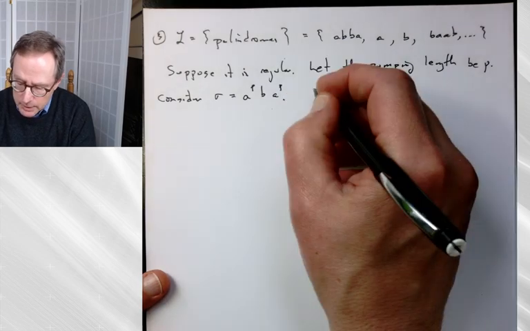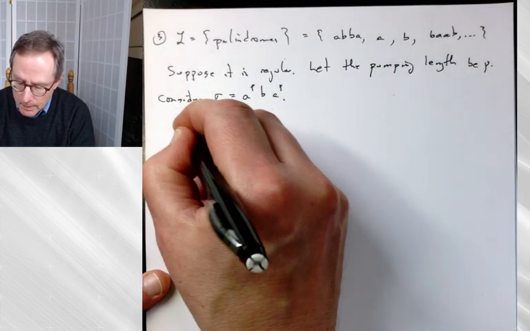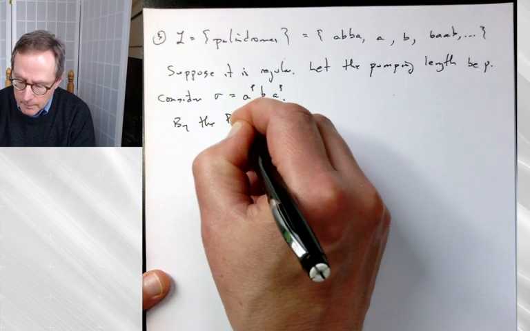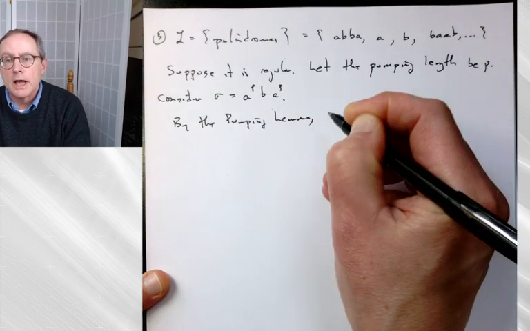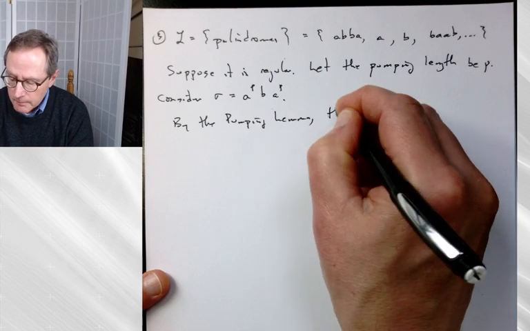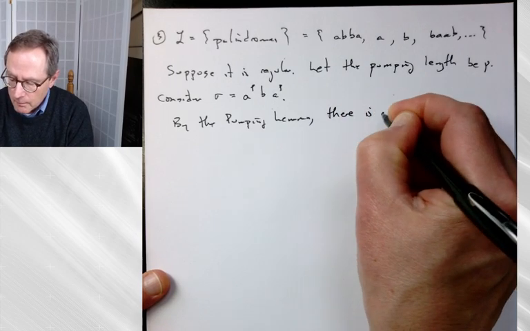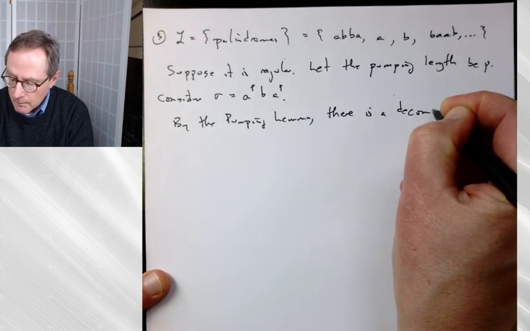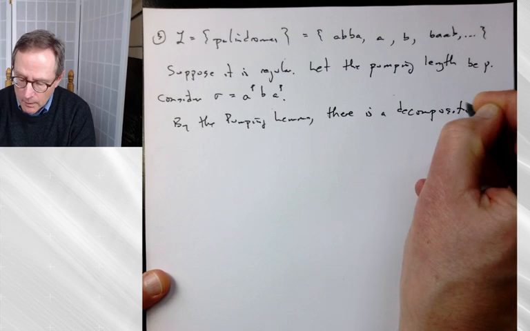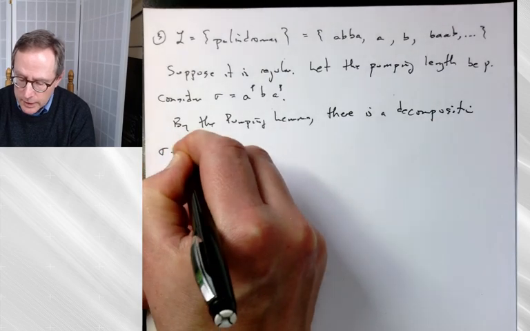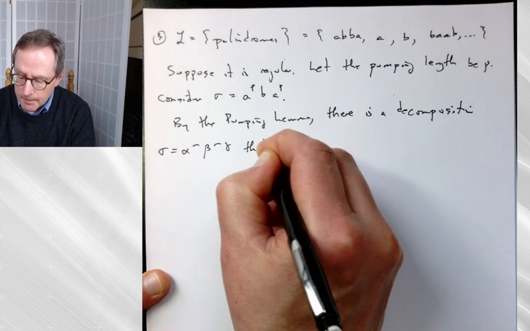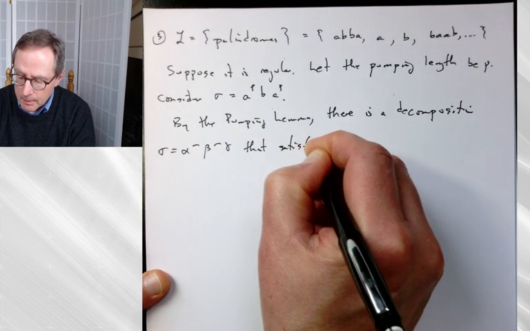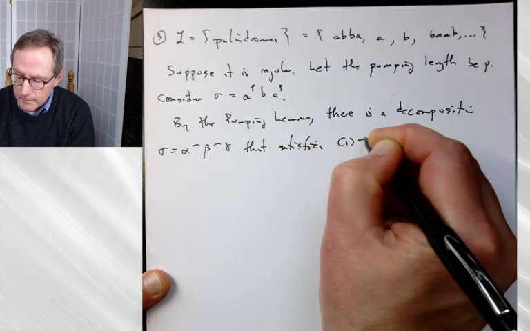By the pumping lemma, for sigma there is a decomposition of sigma into 3 substrings, alpha, beta, gamma, that satisfy 1 through 3.